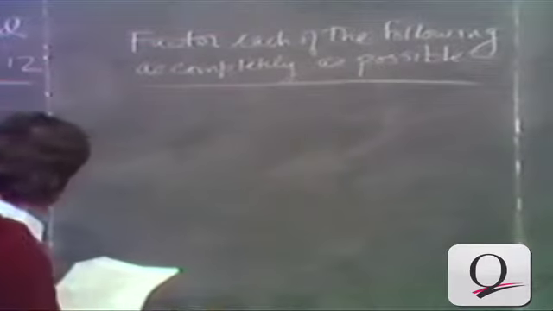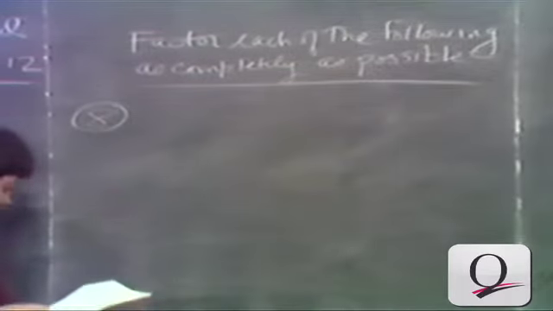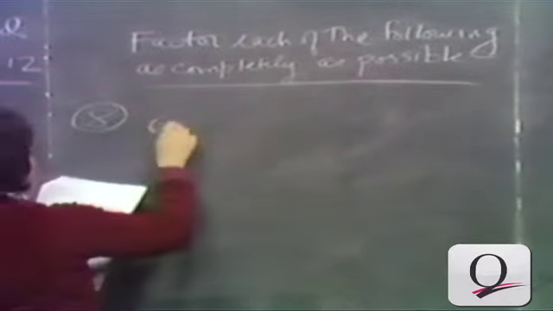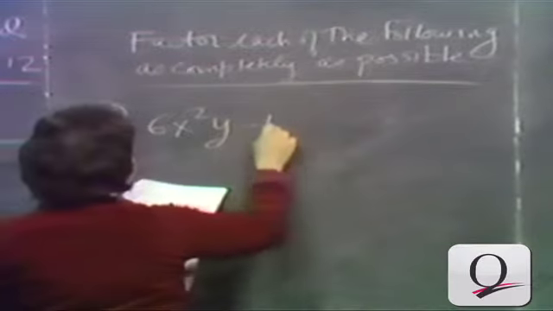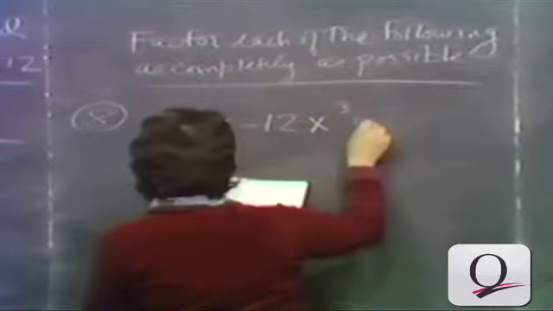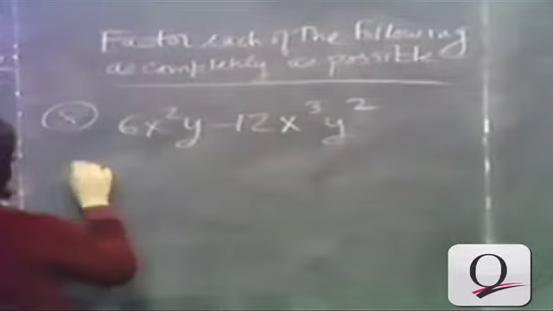And problem 8, we will have 6x squared y minus 12x cubed y squared.